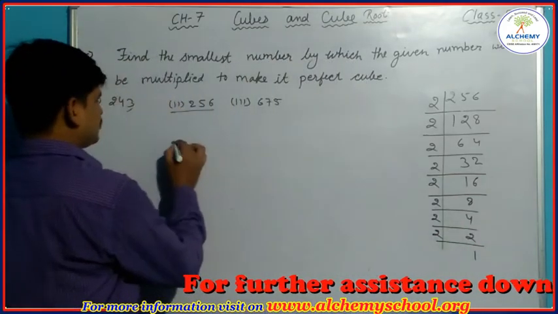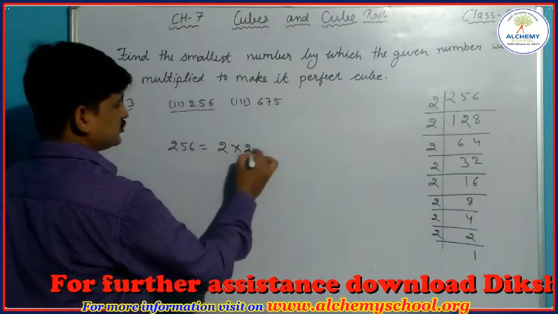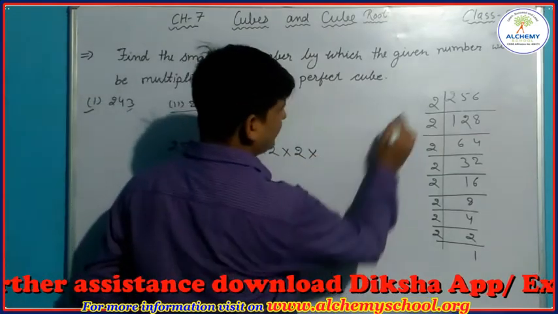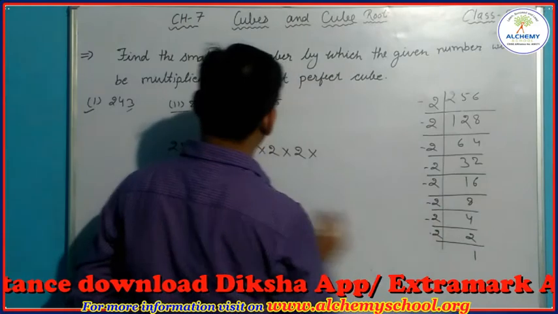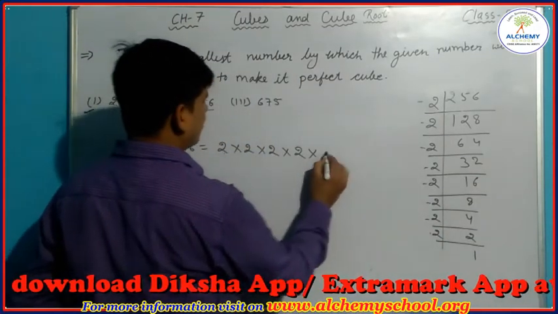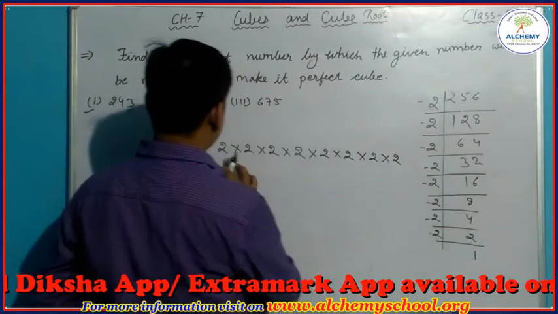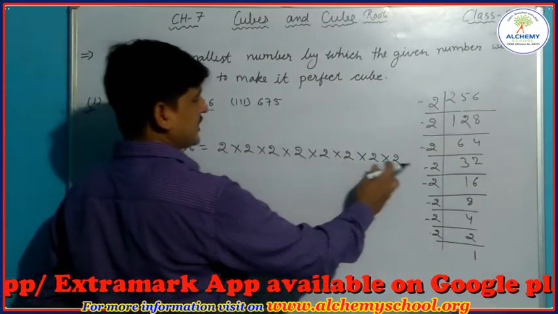So now 256 can be written as 2 into 2 into 2 into 2 into... how many times 2 do we have? 1 2 3 4 5 6 7 and 8. So 2 into 2 into 2 into 2 into 2 into 2 into 2 and into 2.